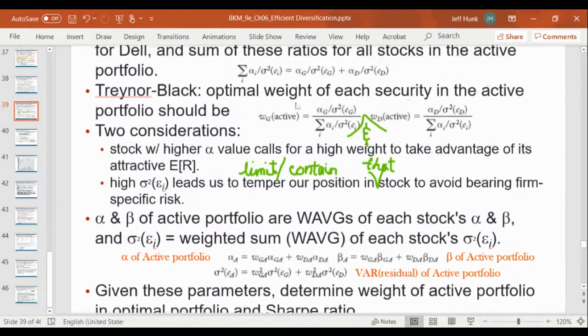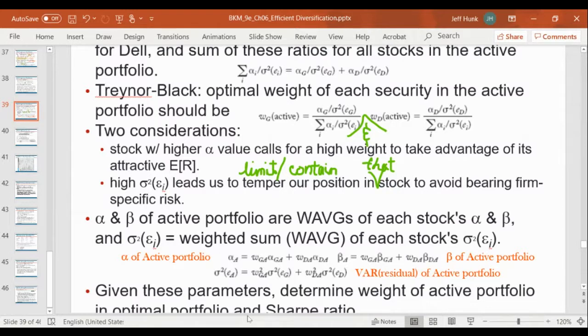There's a reason why we use residual variance rather than standard error: when you combine standard deviation of A and standard deviation of B, it cannot be just simply the standard deviation of A and B. It will be a variance, because there will be a covariance and correlation between the two. So it will have to be variance.